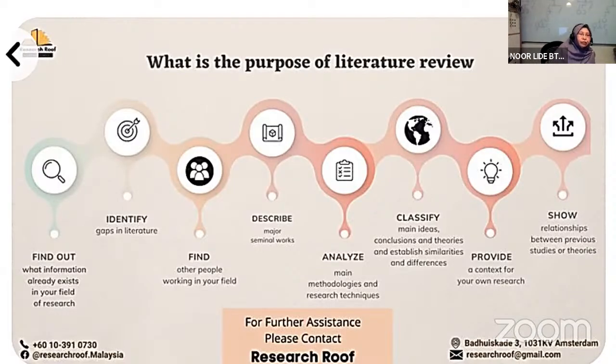A literature review is to find out what information exists in our field of research.